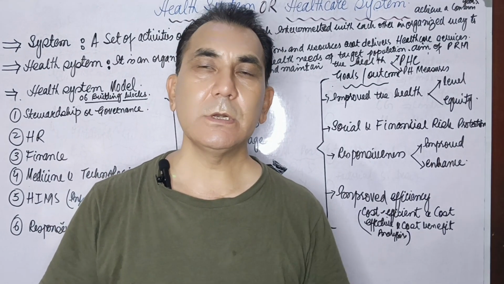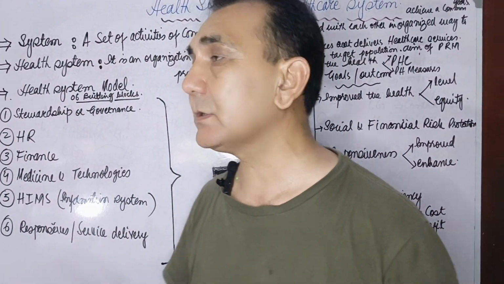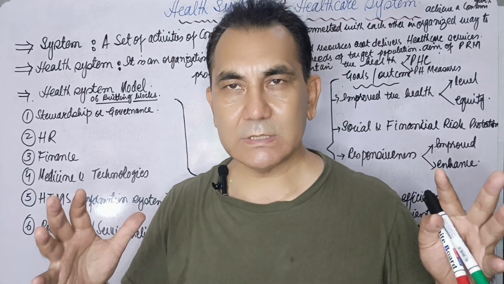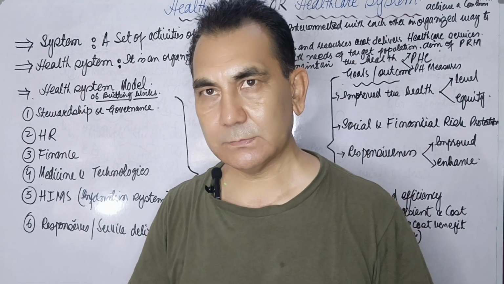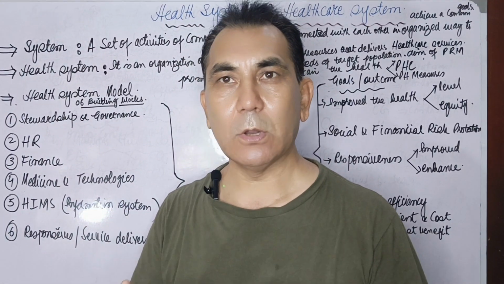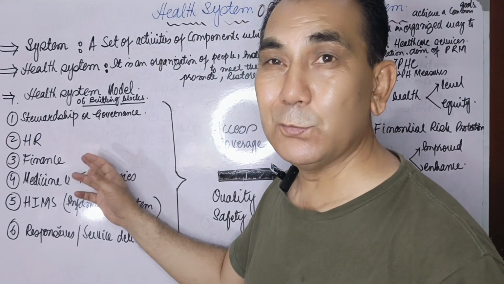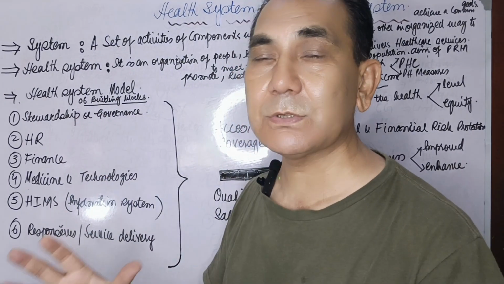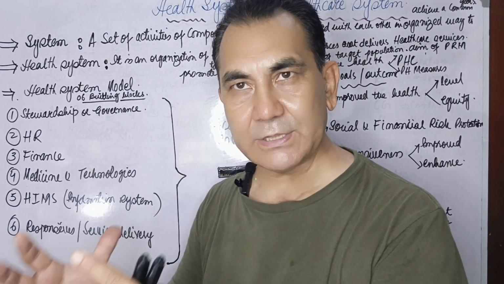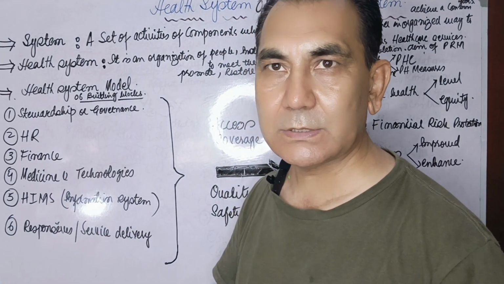In the third part of our lecture, we discussed the health system model. The health system model consists of six building blocks. The first one is stewardship or governance, and the second one is HR, the expert and skilled healthcare workers.